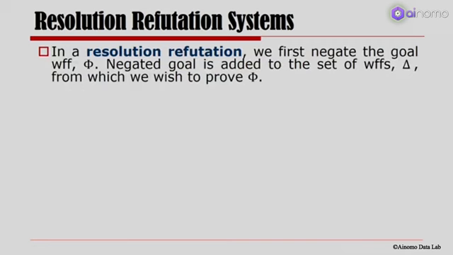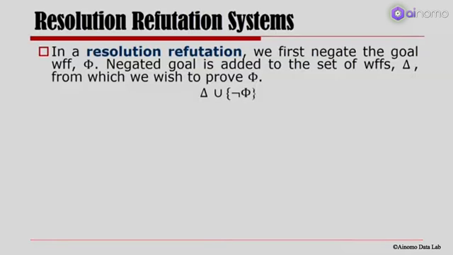This would require that I first convert this as for all X, for all Y not of the statement and take it inside. So I generate the clause for the negation of the query and add it to my set of clauses.